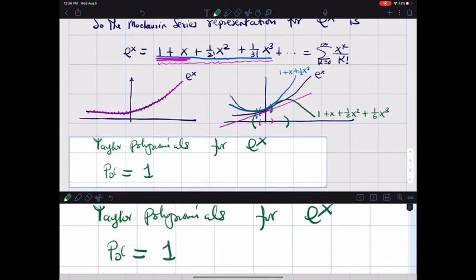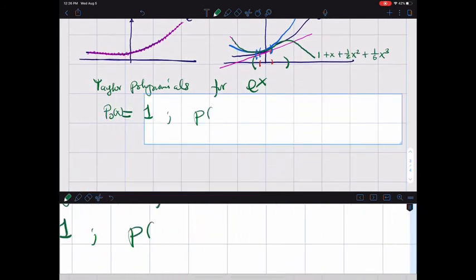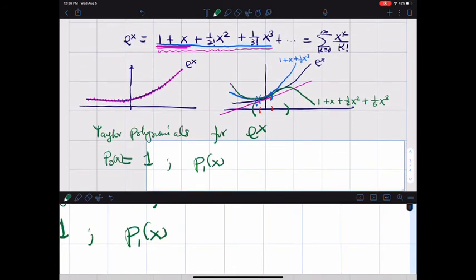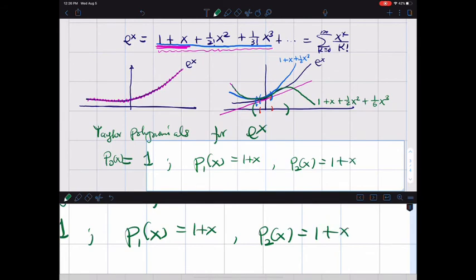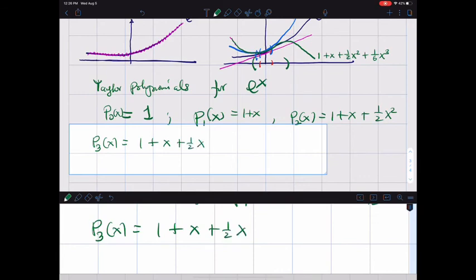Your p1 of x is just the first two terms, the polynomial of degree 1, 1 plus x. The p2 of x is just going to be 1 plus x plus 1 over 2 x squared. And p3 of x would be 1 plus x plus 1 over 2 x squared plus 1 over 6 x cubed.